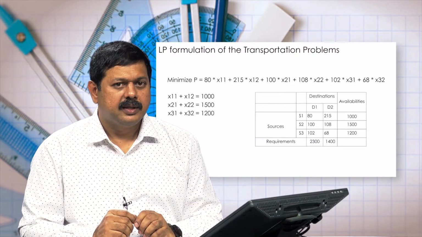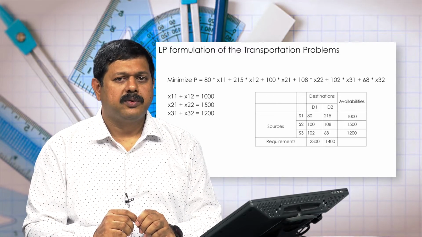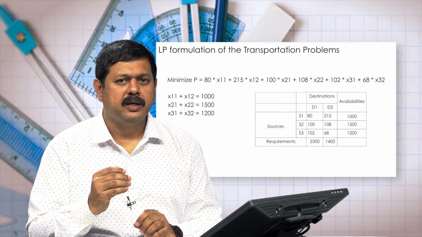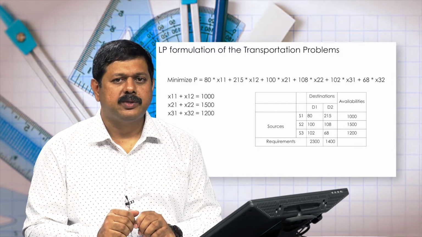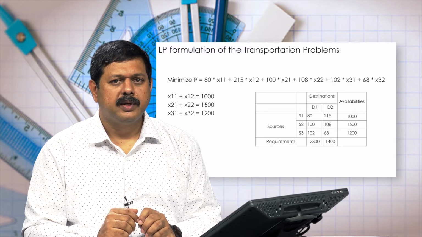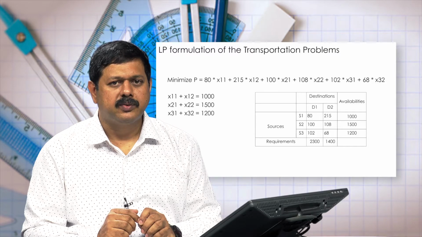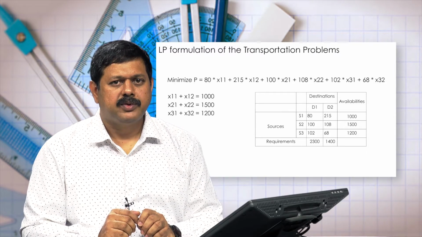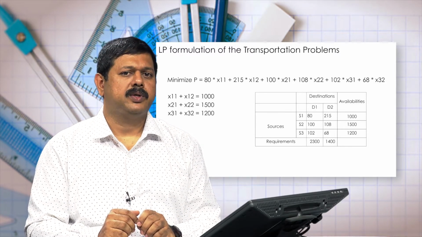That is, the sum of the allocated resources to the destinations D1 and D2 from the source S1 is 1000, from the source S2 is 1500 and from the source S3 it is 1200.